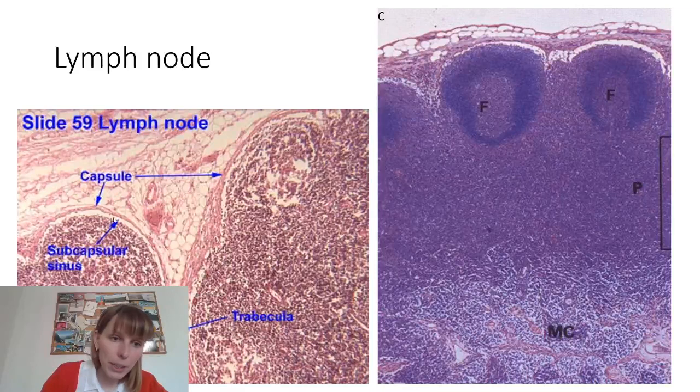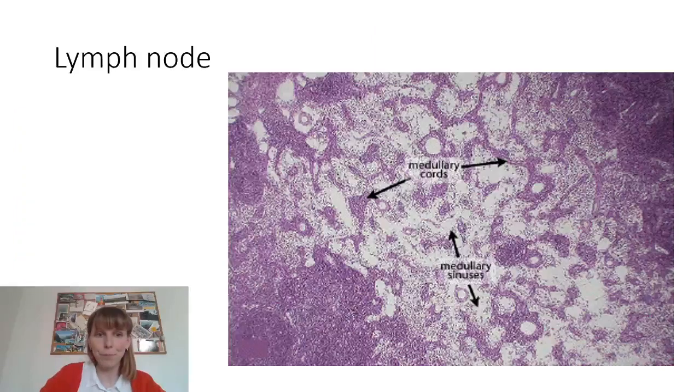And the beginning of this is when it goes from the capsule into the subcapsular sinus. So that's like an empty space right below the dense irregular connective tissue and between the capsule and the cortex with the lymphatic follicles.